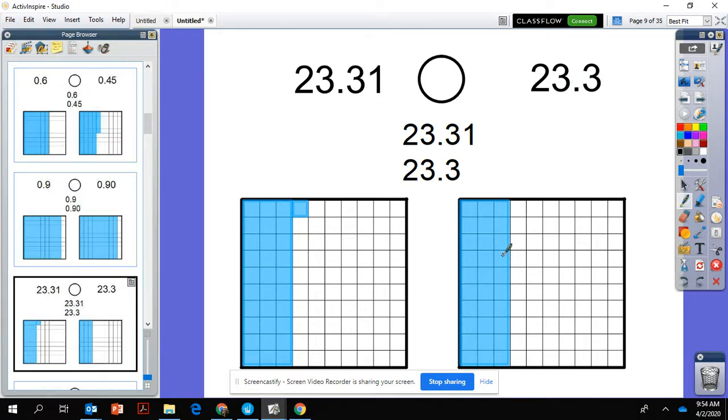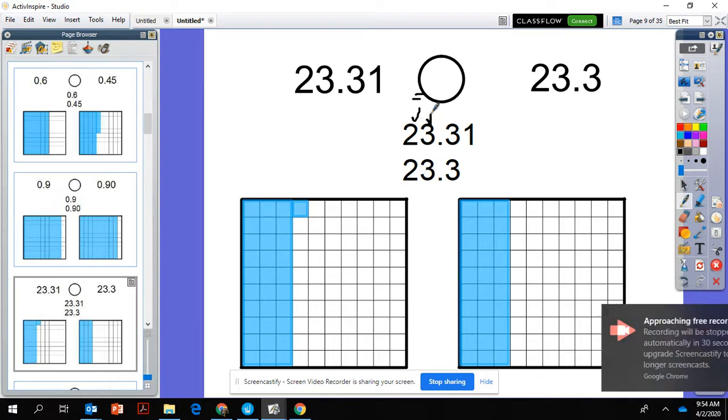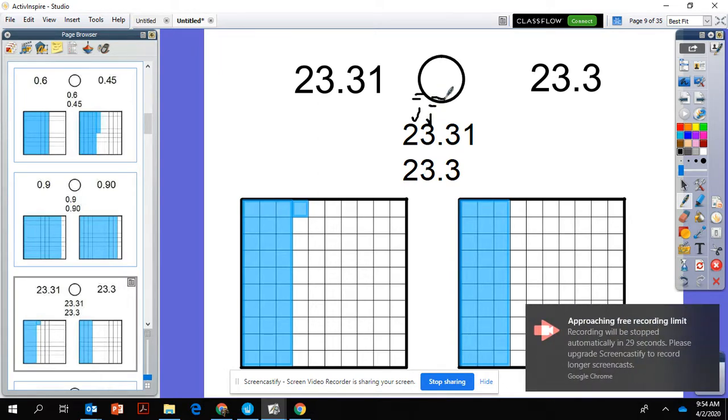So if you look at the models, they are the same here and here, with the exception of that 100th that you have here. So using my stack strategy, I start at my greatest place, which is the tens. They are equal here. The values are equal. So then I move over to my ones place. The value is equal. Check mark, equal sign. Okay.